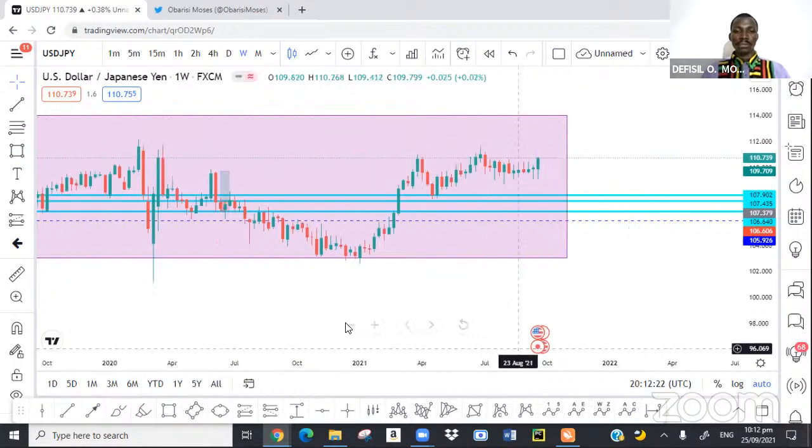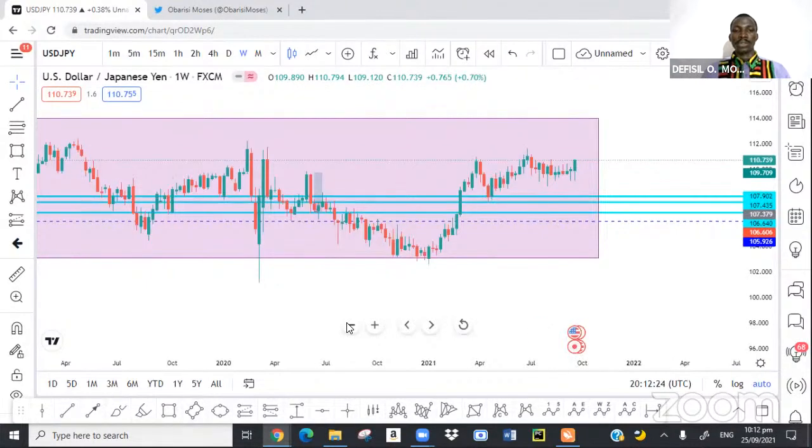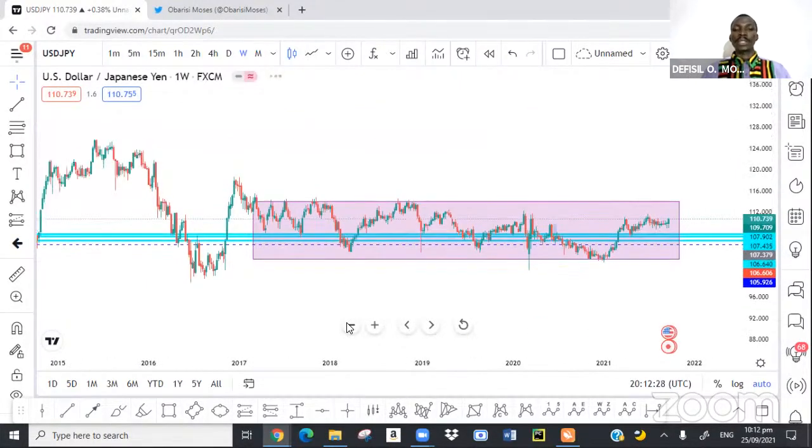So let's zoom out and see what's there on the weekly time frame. On the weekly time frame, we also have the market still ranging, from 2017 to 2021. Now that it's like that, what do we do? Having said that, a ranging market is a smooth market for smart traders.